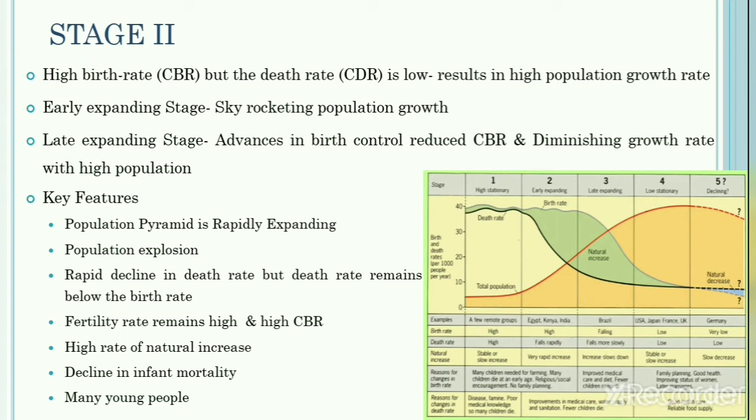And this stage is termed the late expanding stage. Most of the developed countries of the world passed through this stage. Many less developed countries are currently in stage 2 of the first part of the model, like Kenya. Now let's look into the key features of stage 2.